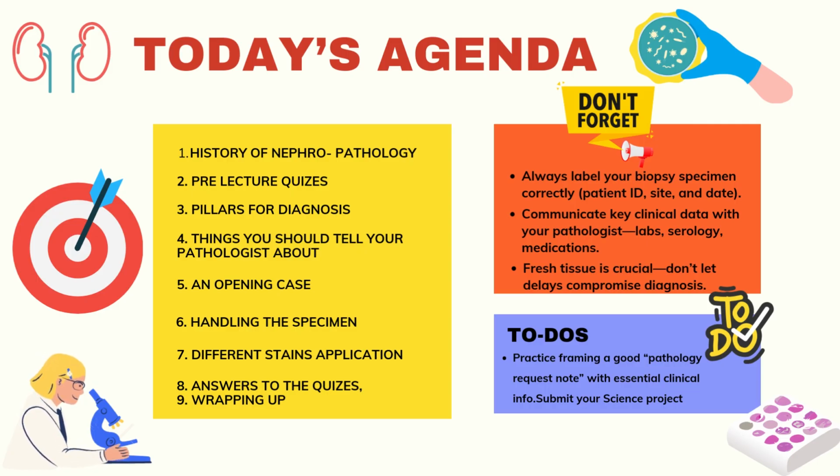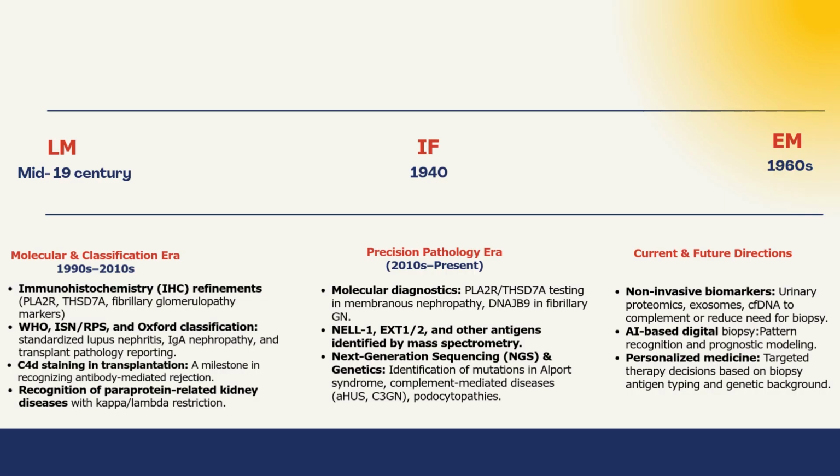To ground our discussion, we will start with an opening case that highlights the essential role of renal biopsy, after which we will focus on one of the most practical aspects, how to handle the specimen properly. We will also explore the value of different stains in enhancing diagnostic accuracy. And finally, we will wrap up by revisiting the quiz questions and clarifying their answers, bringing all the concepts together.